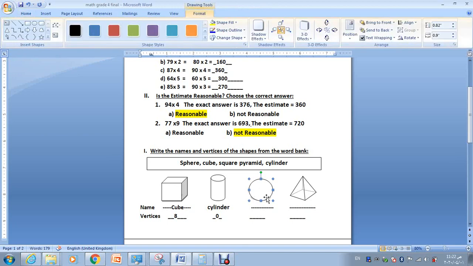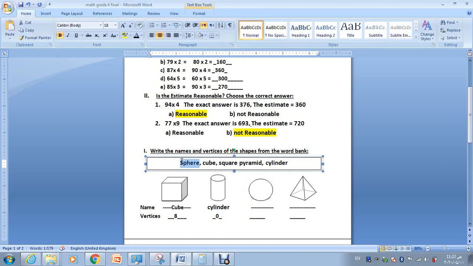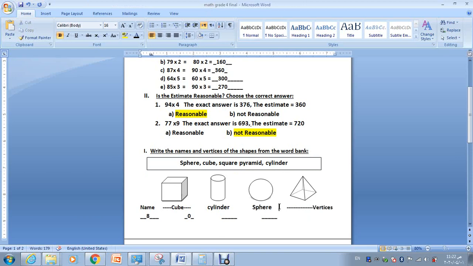Okay, now what about this shape? What we called it? It's a sphere, of course. So this is a sphere. How many vertices does it have? Same as cylinder, it doesn't have any vertices. 0 vertices. Now remember the vertices is the meeting point for the sides, so there is no meeting point here for the sides.